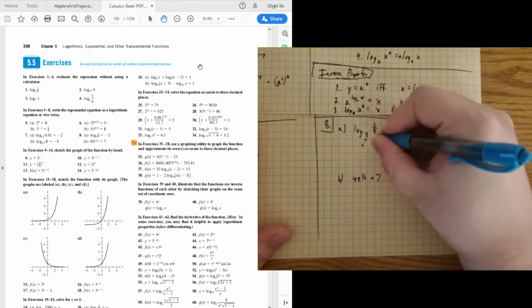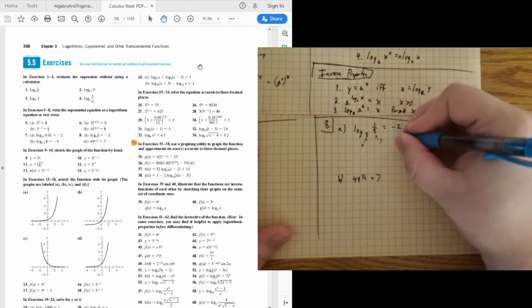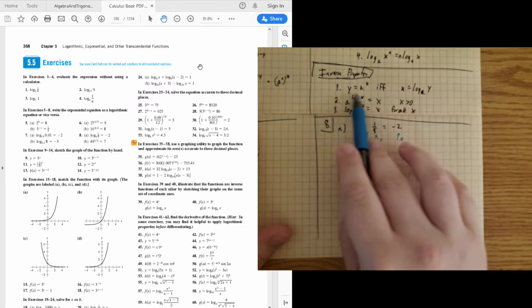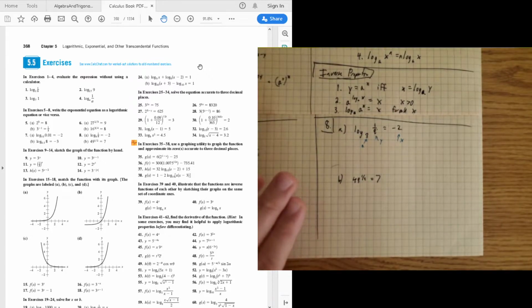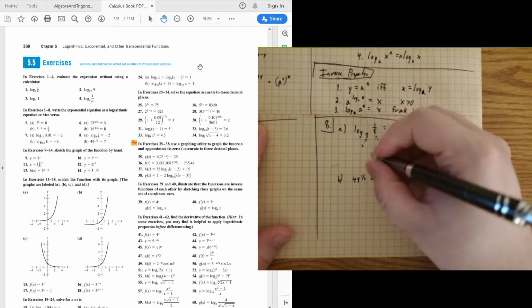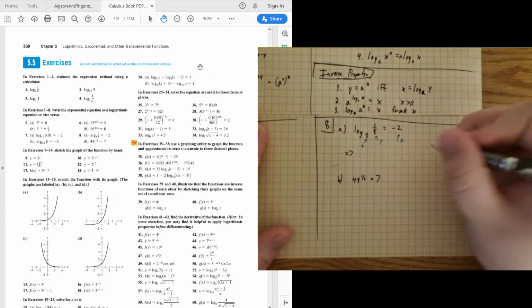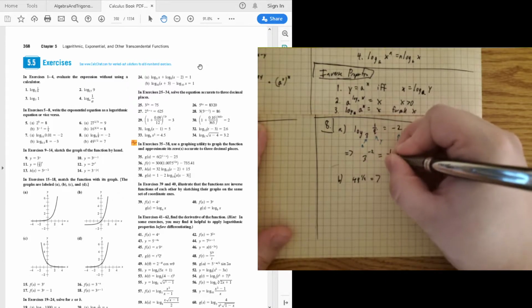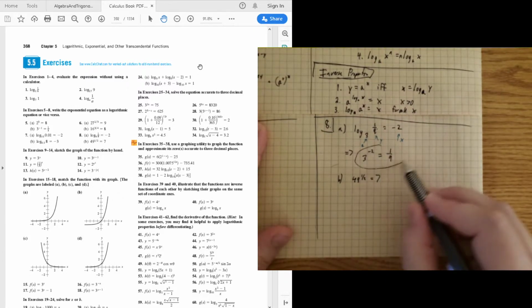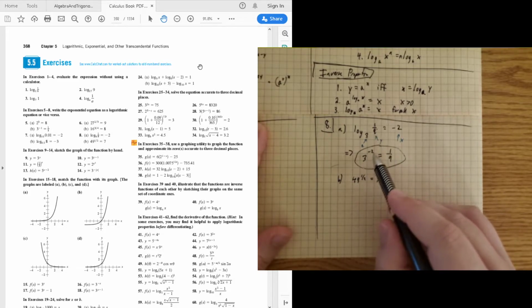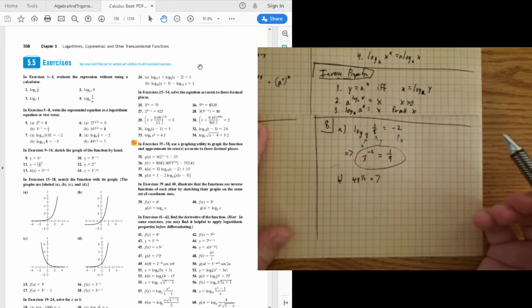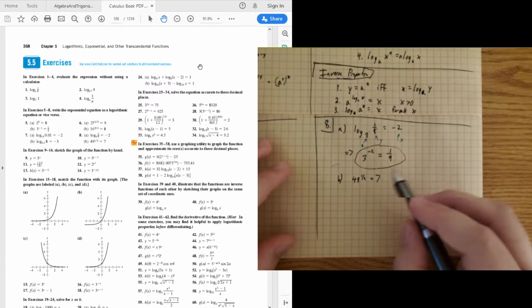The 1/9 is going to be my y, and the -2 is going to be my x. Just following the same basic form as our properties here, which means that I would have as my new function 3 to the -2nd power equals 1/9, which this is hopefully obviously true. 3 to the -2nd power would cause it to drop to the denominator. 1 over 3 squared. 3 squared is 9. 1 over 9, done.